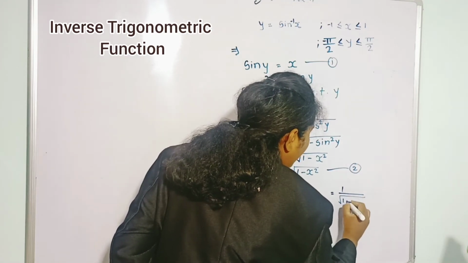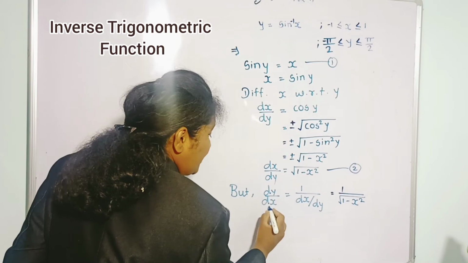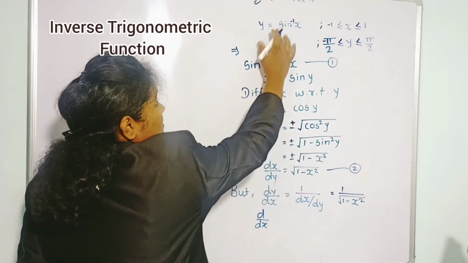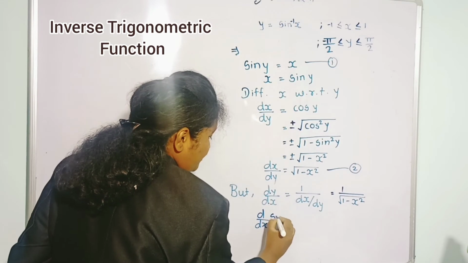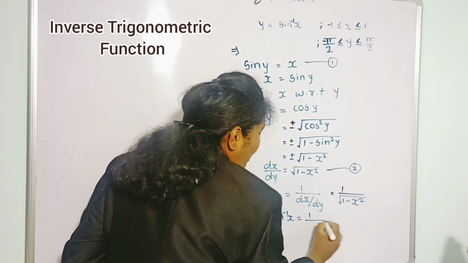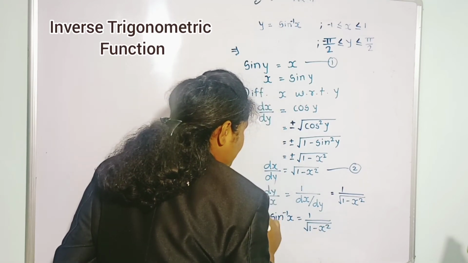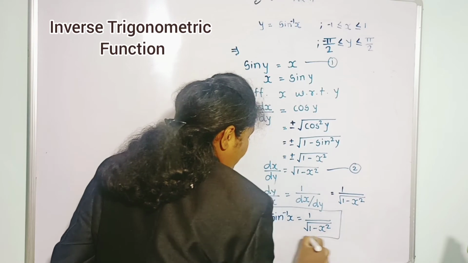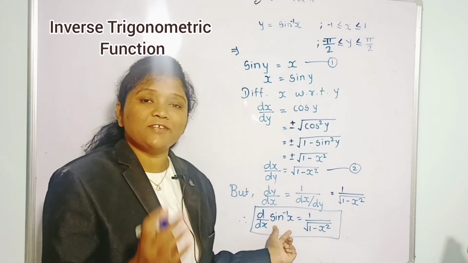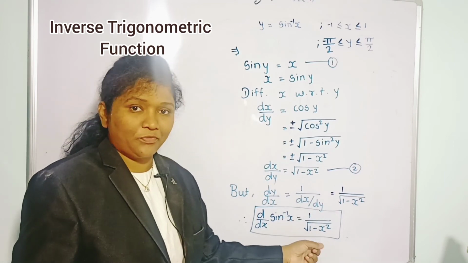So d by dx of y, which is sine inverse x, equals 1 upon square root of 1 minus x square. So this is the derivative of sine inverse x: 1 upon square root of 1 minus x square.